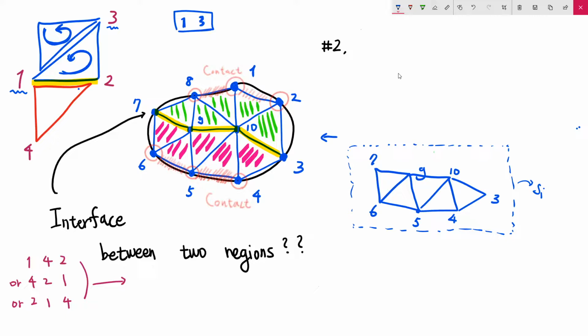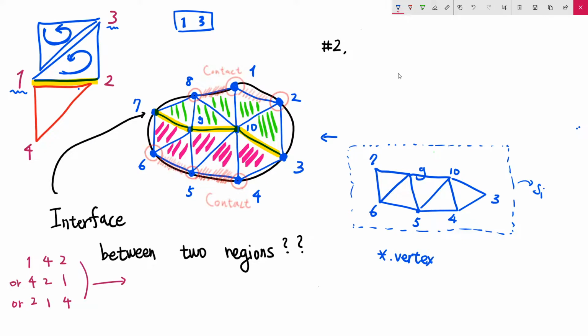When we read the first region, we will have just information about the first region. The positions 7, 6, 9, 5, all of their absolute positions are specified in our vertex file.